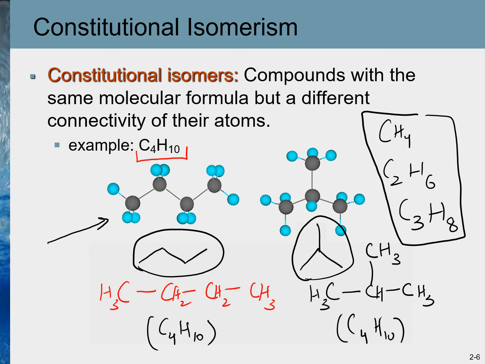For the first structure, the boiling point is negative 0.5 degrees Celsius, and for the second constitutional isomer, the boiling point is negative 11.6 degrees Celsius. That's a huge difference.